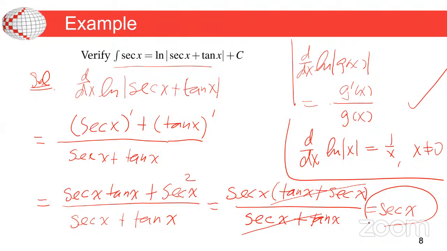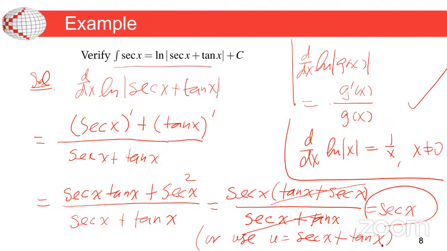Of course, the harder part would be if we are not given this formula, how do we find it? Well, in fact, the book uses a special substitution to determine this one. The substitution will be just the sum. So we have already done this example, but we can also find it by using a substitution: u equal to secant x plus tangent x.